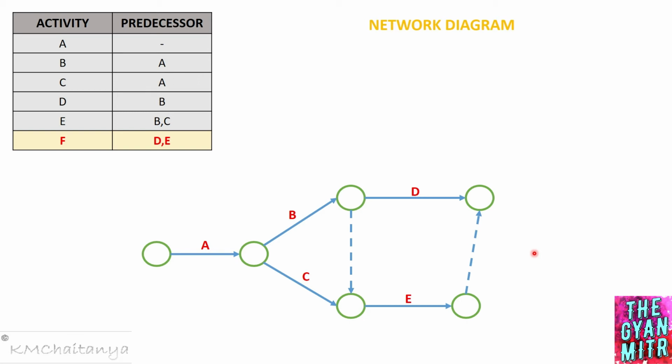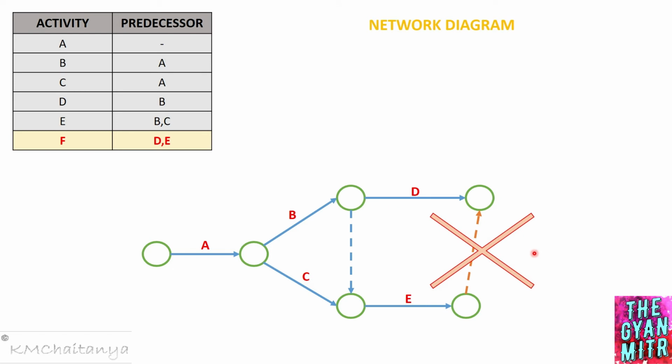And in order to determine the critical path, determine the total duration of the project, etc., it becomes very difficult to trace or to track the activities if we have unnecessary dummies in our network. So for that reason, we have to see to it that we avoid the dummy activities as much as possible and use it only when it is required or only when it is necessary. So this unnecessary dummy should not be used.